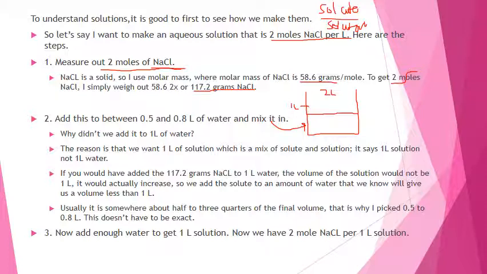The reason I don't add water up to 1 liter is that when I add the sodium chloride, it's going to cause the whole volume to increase. I want the volume of the solution, that is the water and the sodium chloride, to have a final volume of 1 liter.